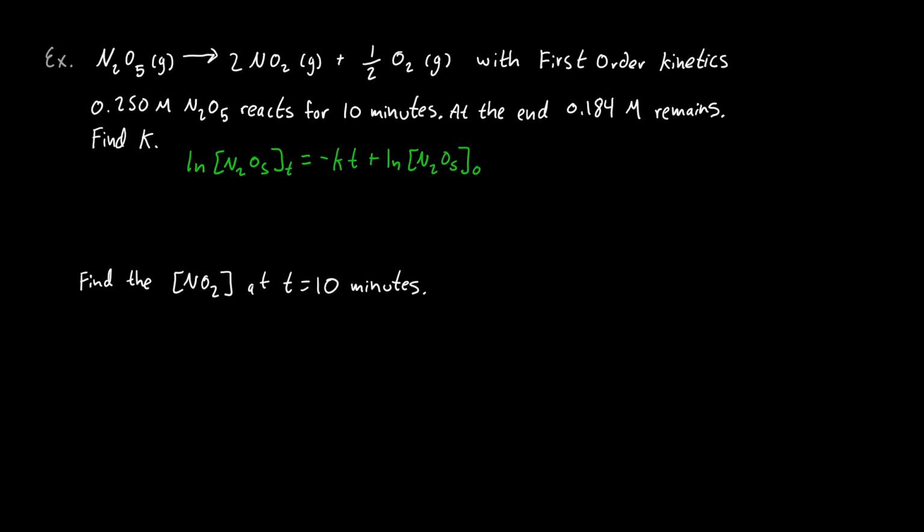And so we're given the initial concentration, and we're given the final concentration, and we're given a time of 10 minutes. So let's plug in everything that we know. So the natural log of 0.184 is equal to negative K times 10 minutes plus the natural log of our initial concentration.